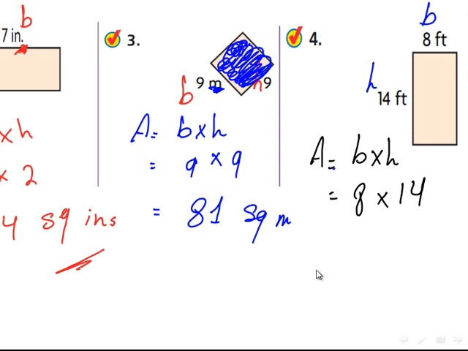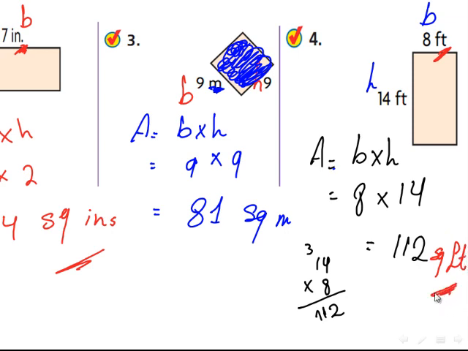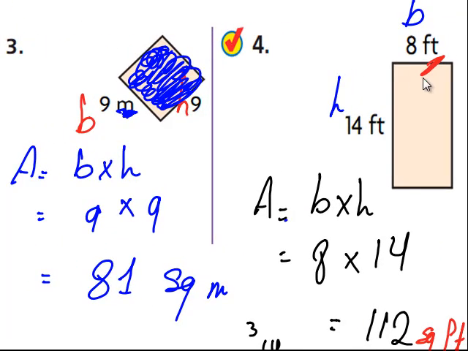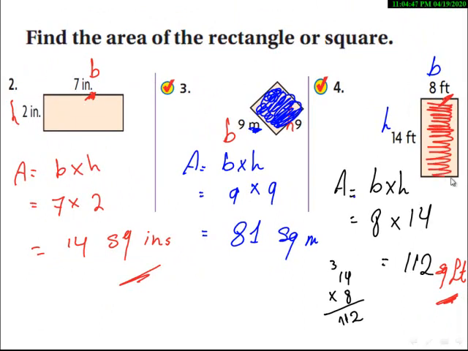Let's do it step by step. 14 multiply 8. 8 by 4, 32. 2 and we carry 3. 8 by 1, 8 plus 3, 11. So the final answer is 112. 112 what? 112 squares, teacher. Squares what? Square feet, because my unit is square feet. There are 112 squares inside my rectangle.